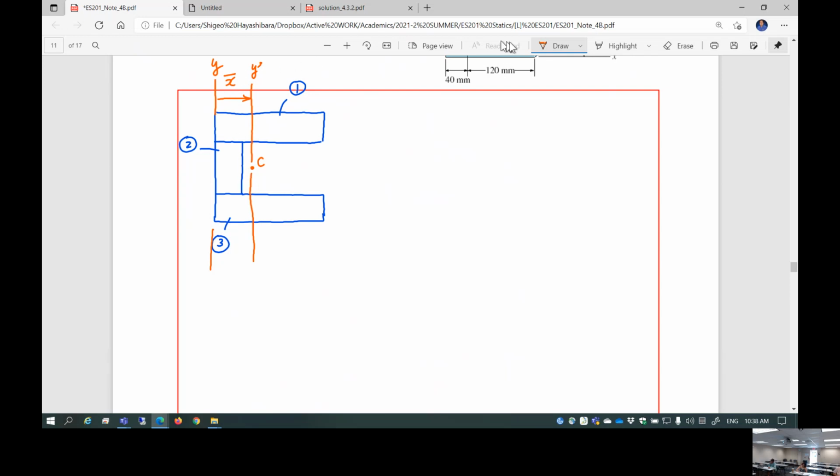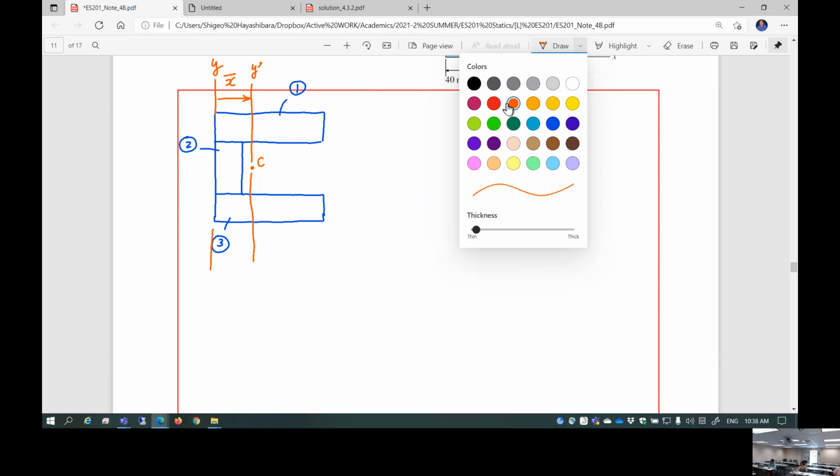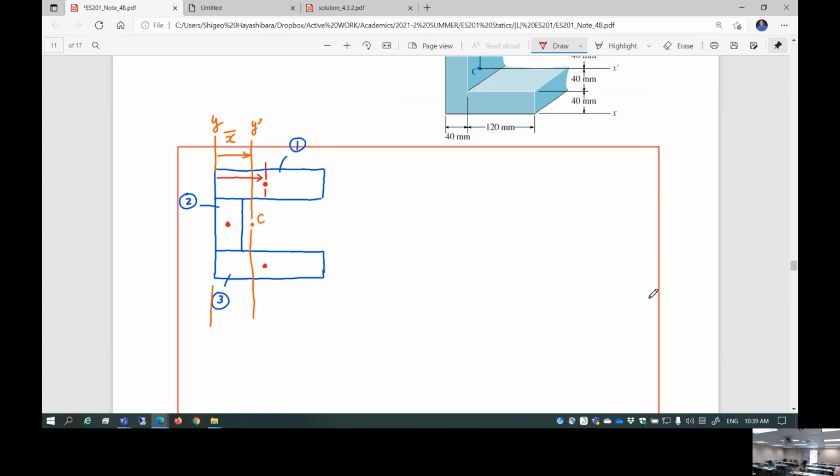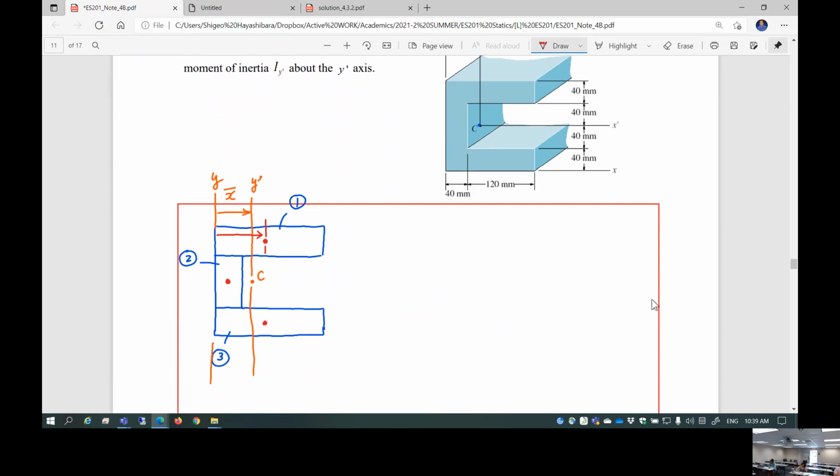Let's just find out. Now, each one of those parts has its own local centroid, obviously. So this is the local centroid of part 1. This is the local centroid of part 2. This is the local centroid of part 3. So let's determine the location of the local centroids. What is this distance? Anybody?